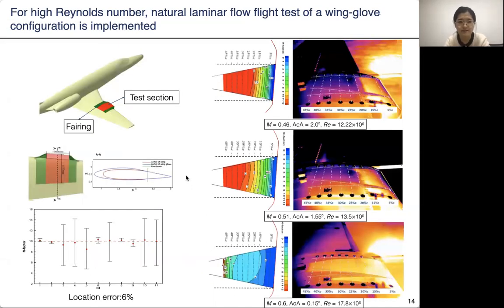We next experimented with a flight test with a moderately high Reynolds number, and for the wing glove configuration, it has a sweep angle at the leading edge of 5 degrees. For this test, the TS instability dominated the transition, and we also calibrated the N factor.